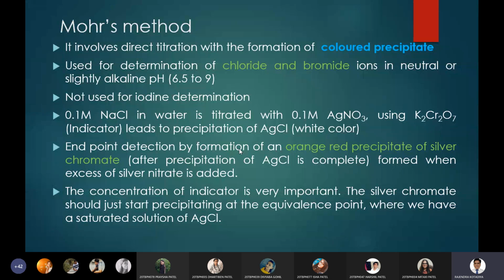But specifically it is not used for determination of iodine. We shall see the procedure first, how it will be used, so you will get a better idea about Mohr's method.